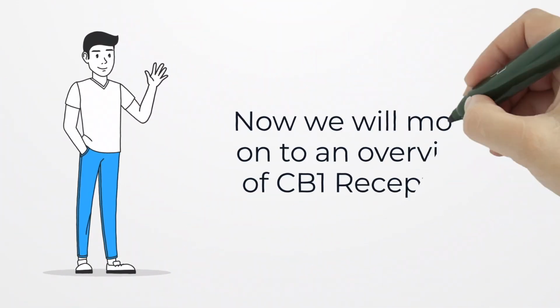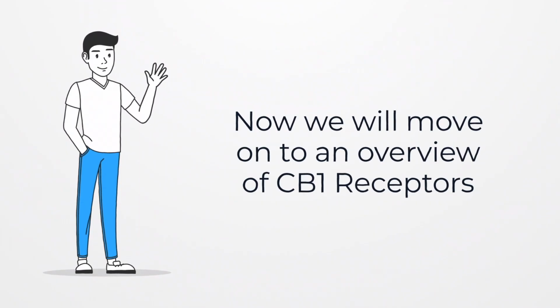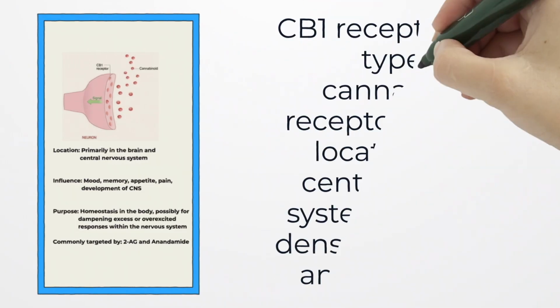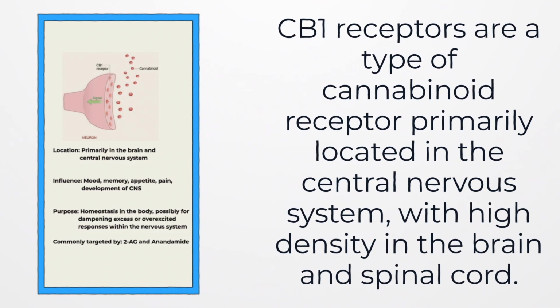Now we will move on to an overview of CB1 receptors. CB1 receptors are a type of cannabinoid receptor primarily located in the central nervous system, with high density in the brain and spinal cord. However, CB1 receptors are also found in other organs in lower density, such as the liver and kidneys.